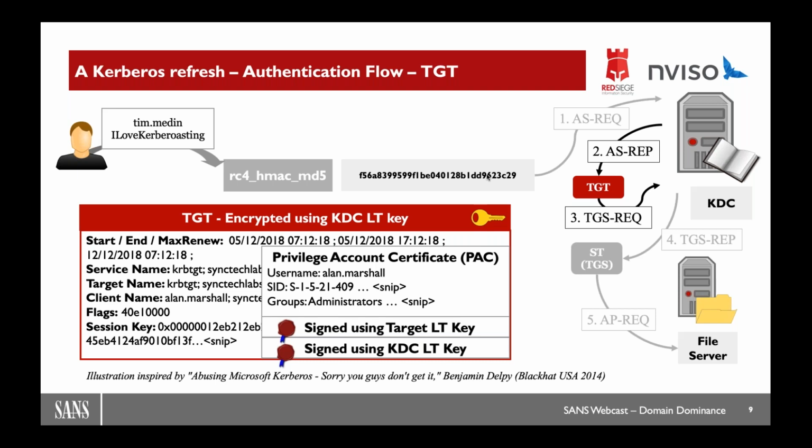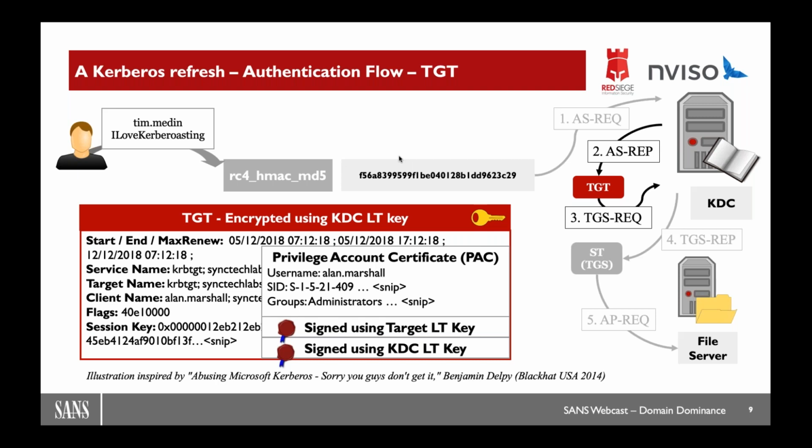This is always the KRBTGT. Finally, the KDC long-term key is also used to sign. Note that the KDC long-term key, you guessed it, is also the KRBTGT encryption key. So the PAC is twice signed by the KRBTGT, which is very interesting. More on that in a second.